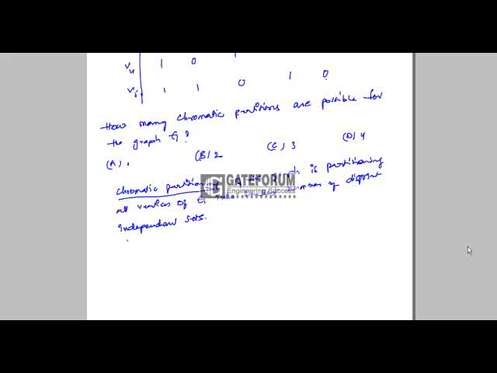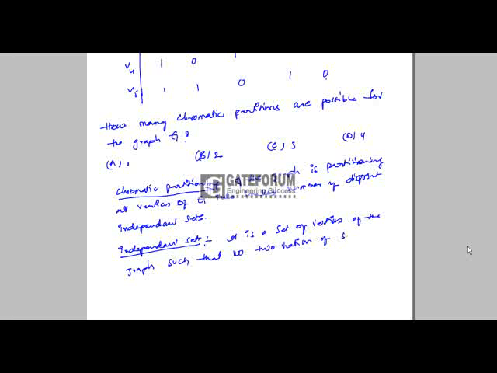What is an independent set? An independent set is a set of vertices of the graph such that no two vertices of the set are adjacent.